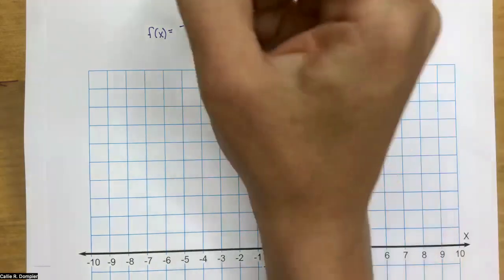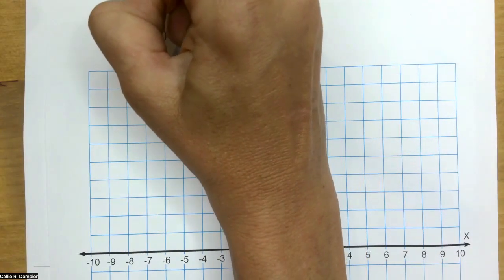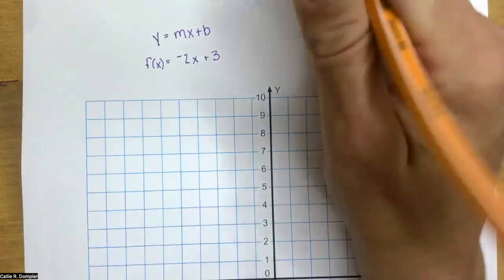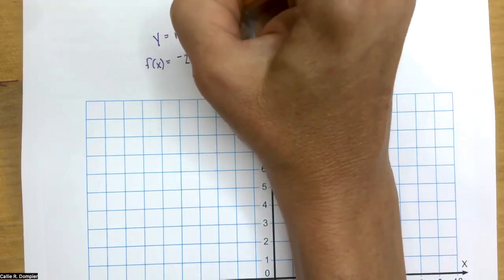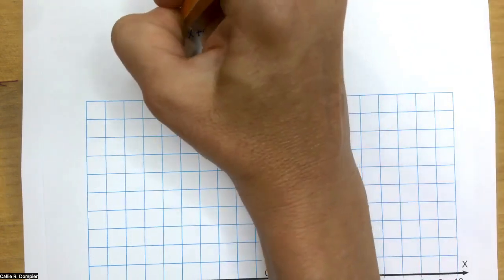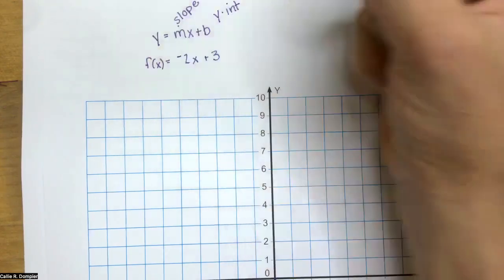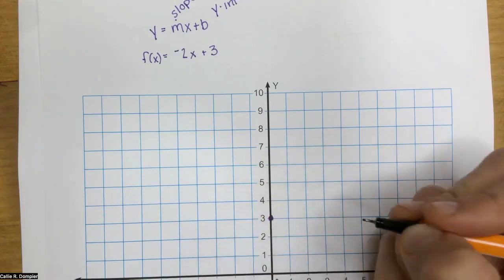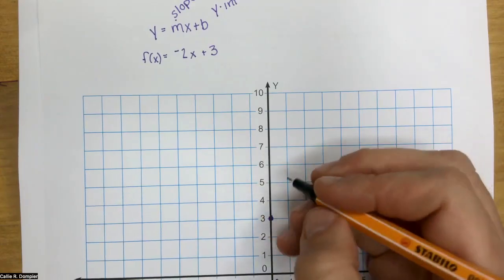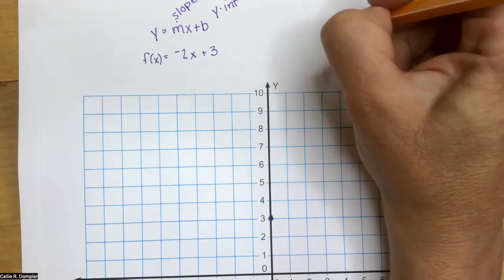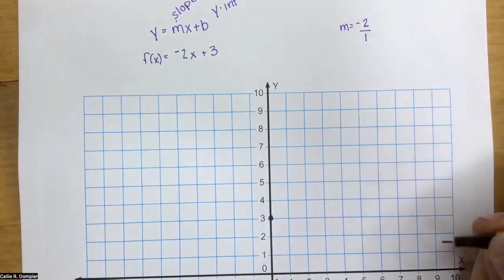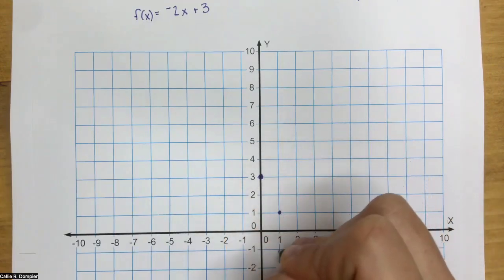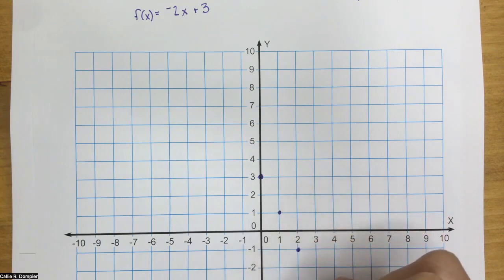Remember that we can look at this as y equals mx plus b, where b is the y-intercept and m is the slope. So it's going to cross at positive 3, and then the slope is negative 2, which is negative 2 over 1, right? So I go down 2 over 1, down 2 over 1, down 2 over 1.